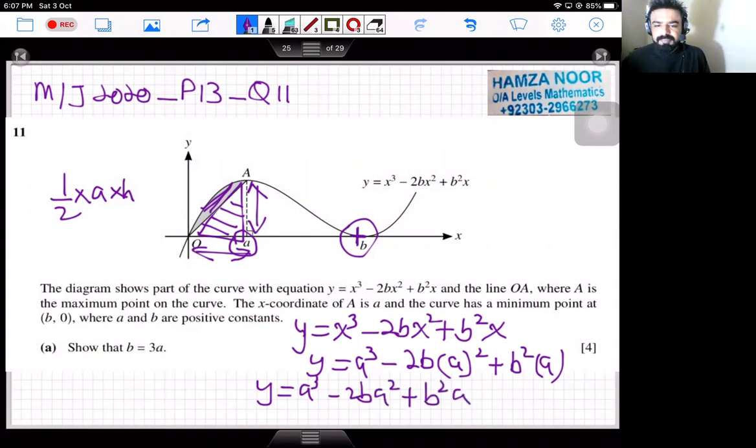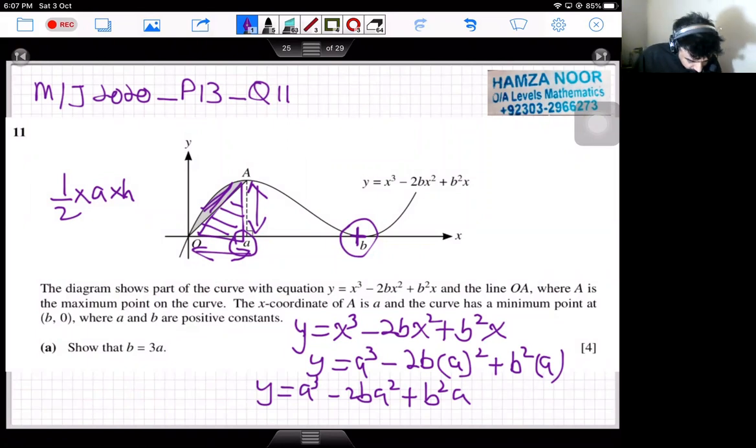But wait a minute, this equation is also in the form of b, and since from the earlier part we have proved that b is equal to 3a, just substitute b is equal to 3a over here, so that your equation comes completely in the form of a, so that you would be able to find the y coordinate of A in terms of a.